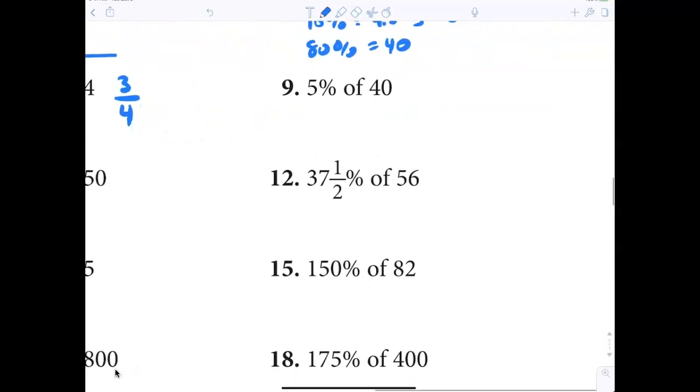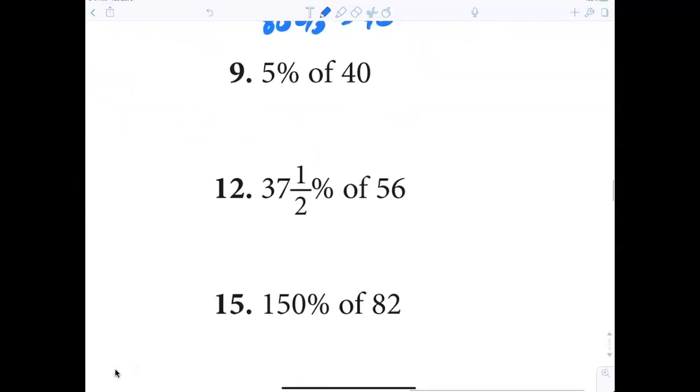All right, let's take a look at number 9. All right, this is what I was trying to tell you with 5%. What's the best way to get 5%? Tell us. Is 10% and 10% divided by 2. So what's 10%? And so 5%? That's exactly correct. Thank you very much. Easy.